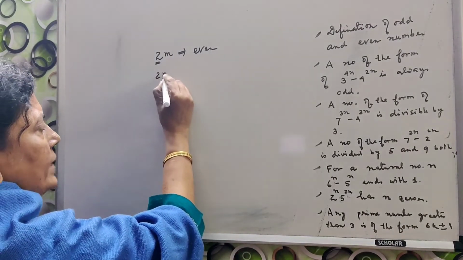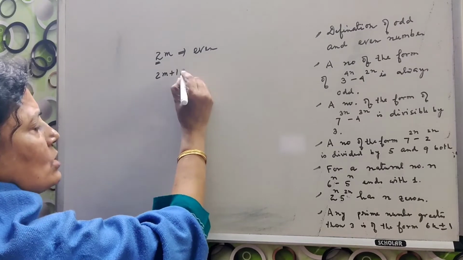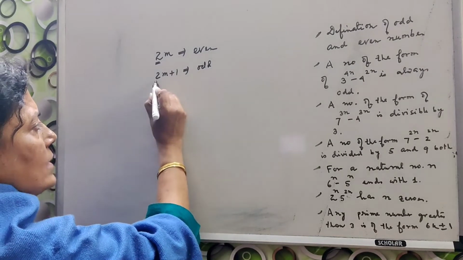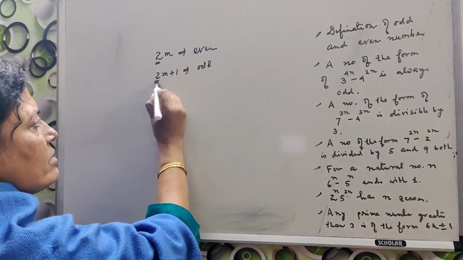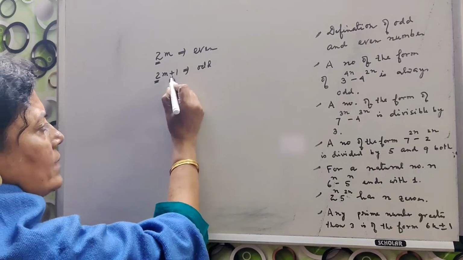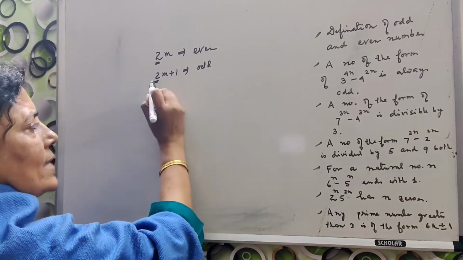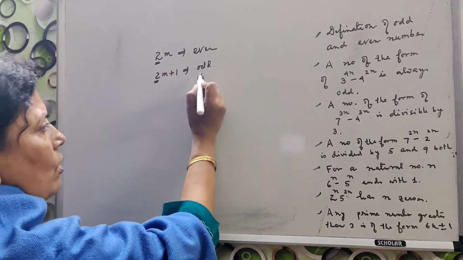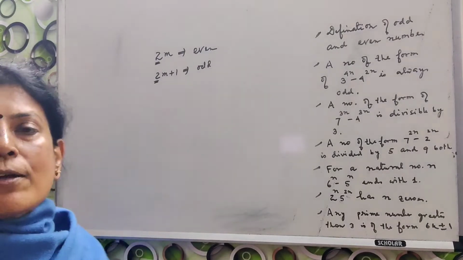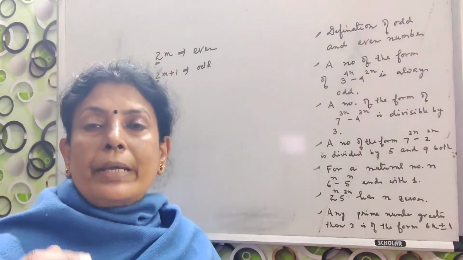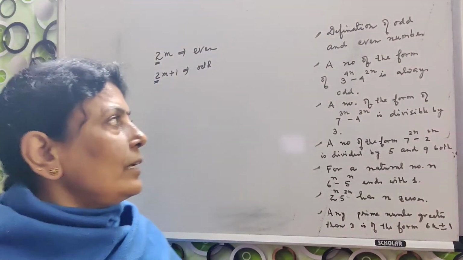But if I write any number in the form 2m plus 1, it is odd. Why? Because when divided by 2, 2 is the divisor, m is the quotient and 1 is the remainder. Since 1 is the remainder, it is not exactly divisible by 2, so it is an odd number. So the definition of odd or even number is based on Euclid's division lemma.